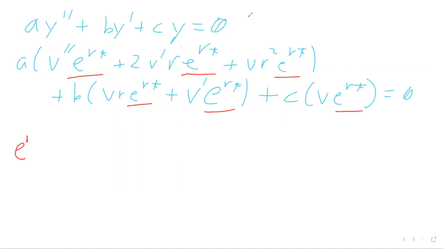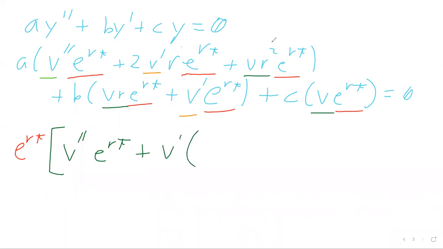So we can pull that out. And then we can regroup them based on having the double primes, the primes, and v's. Or v double prime, just going to be e to the rt.